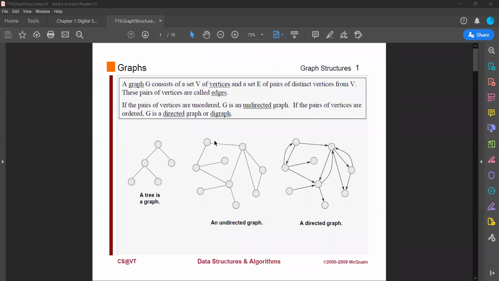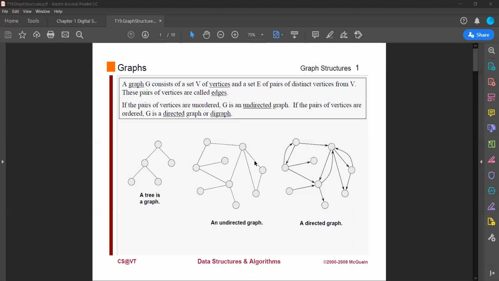Here we see there are actually 9 nodes. But there is no direction, there is no order.